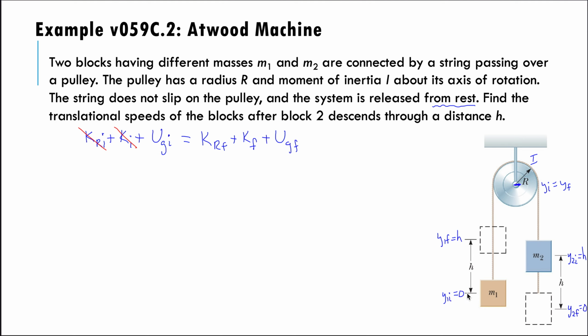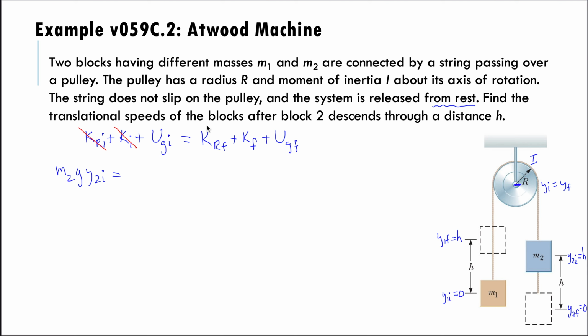Well, mass 1 at y initial doesn't have any potential energy, neither does the pulley. Only mass 2 has potential energy. So we can say m2 g y2 initial. That's the only type of energy that we have to begin with. That's going to be converted to rotational kinetic energy of the pulley, to translational kinetic energy of both masses, and to potential energy of mass 1.